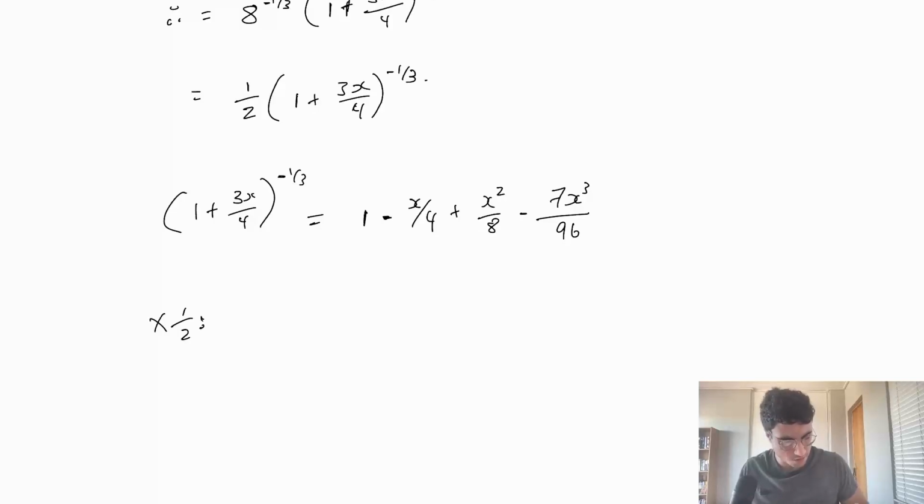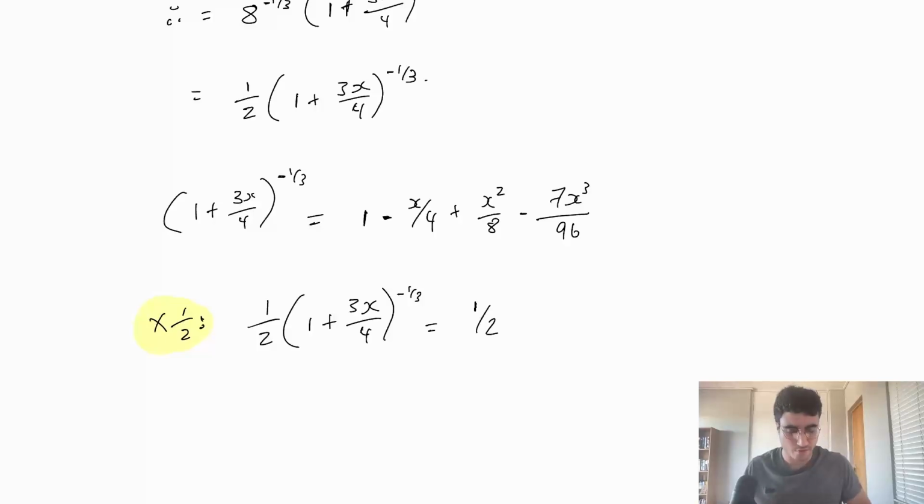So I'm going to do times a half here, which means that a half times 1 plus 3x over 4 to the power negative a third is going to equal a half minus x over 8, plus x squared over 16, minus 7x cubed over 192.